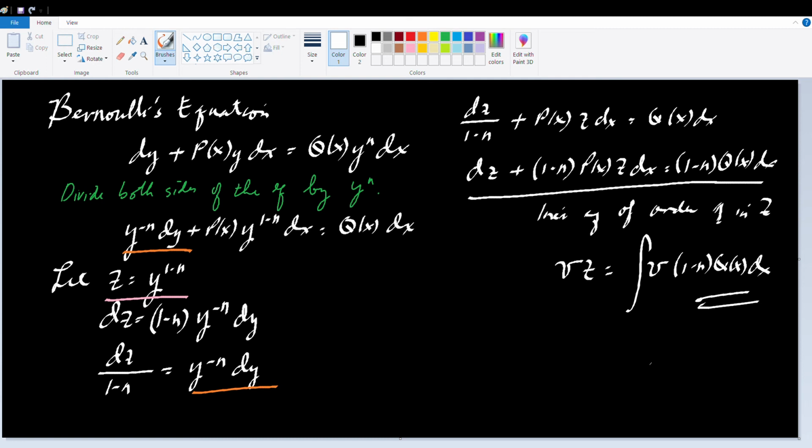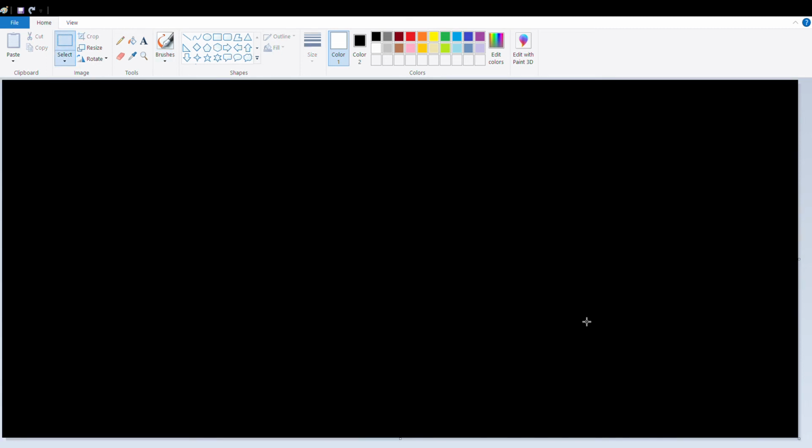So let us have an example. Solve the equation y prime equal to y minus x y cubed e to the minus 2x.